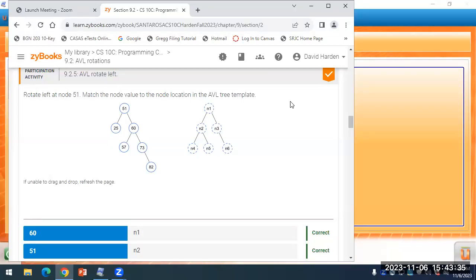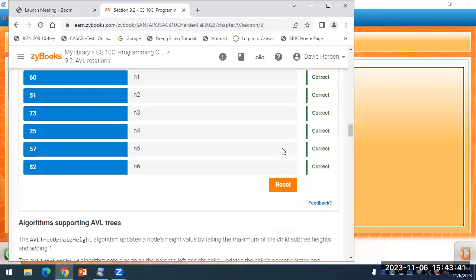And if we find a node that doesn't, then we do a rotation at that node. When we insert something, we just go back up the tree to the root and check all of those nodes, because it's not going to mess up anything else in a different part of the tree. Right?